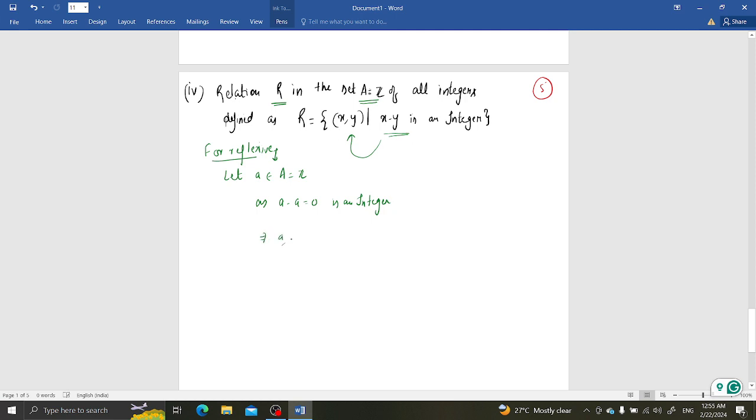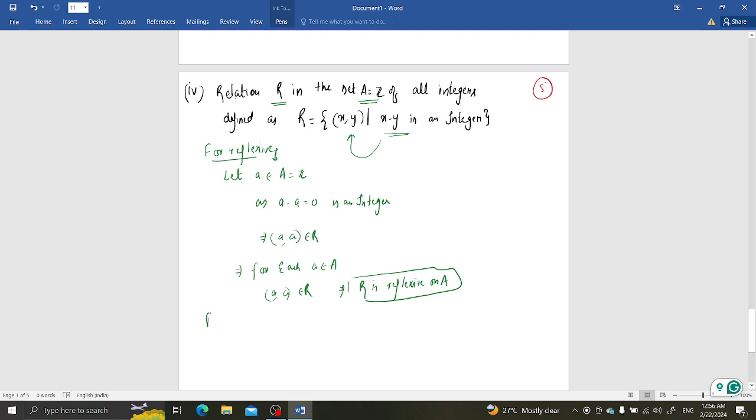This implies A comma A belongs to R. So obviously it is true for each element. For each A belongs to A, A comma A belongs to R. This implies R is reflexive on A. Why so? Because every element of A, that is every integer, is related to itself under R.